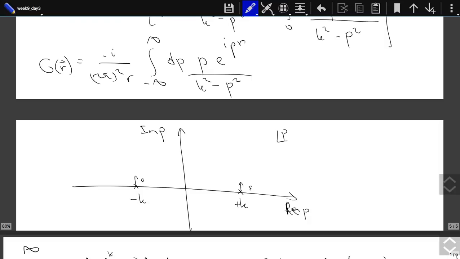So my integral is along the real line. This is my integration. I want to add a semicircle at infinity which will not contribute. So that's what I would like to do. I would like to close this loop by a semicircle, either going above the real line or below the real line. But I should add it in such a way that the integral over that part gives me 0.